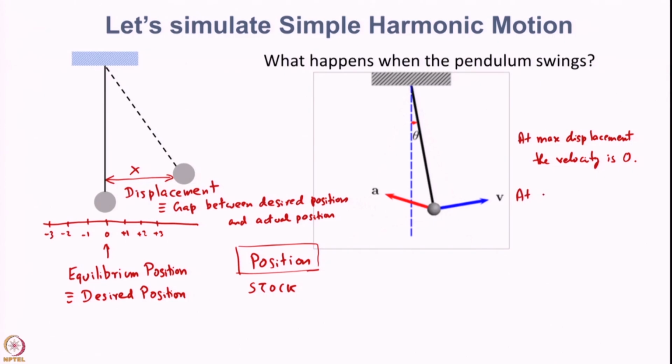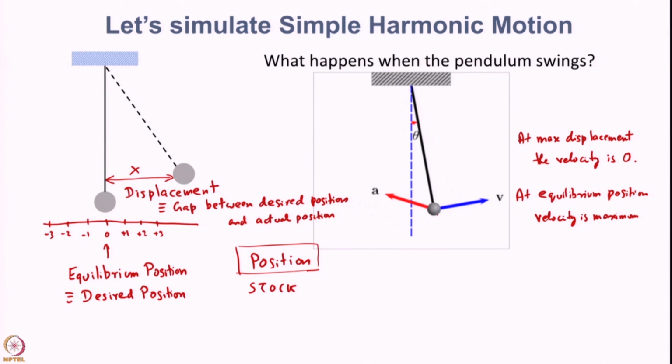and at the equilibrium position velocity is maximum. This actually causes it to overshoot, right.